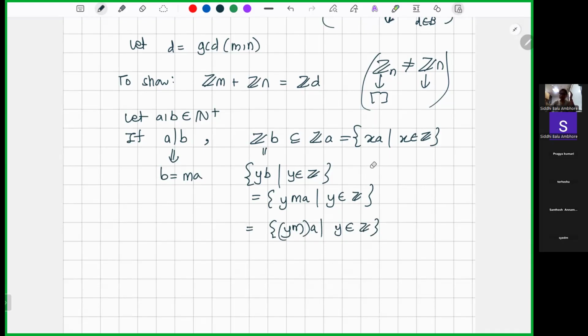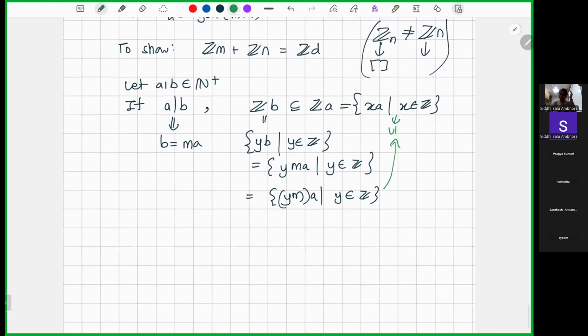So this inclusion is there. Let me use some other pen here. So this and this, this is the inclusion I'm highlighting here. I hope you understand this.